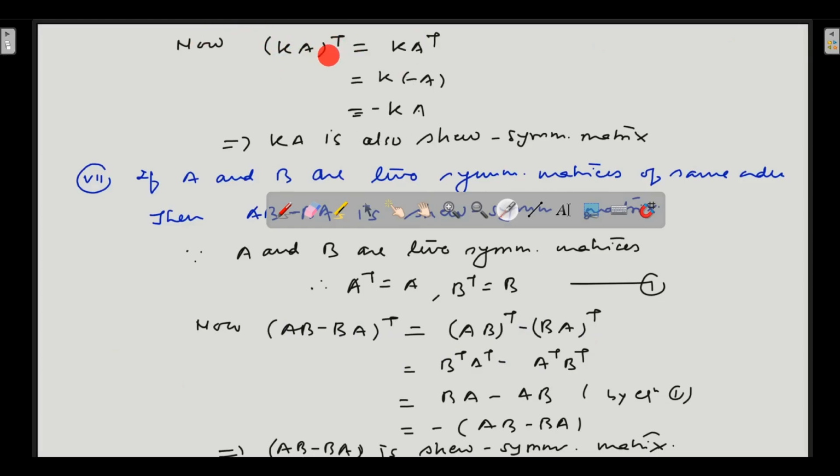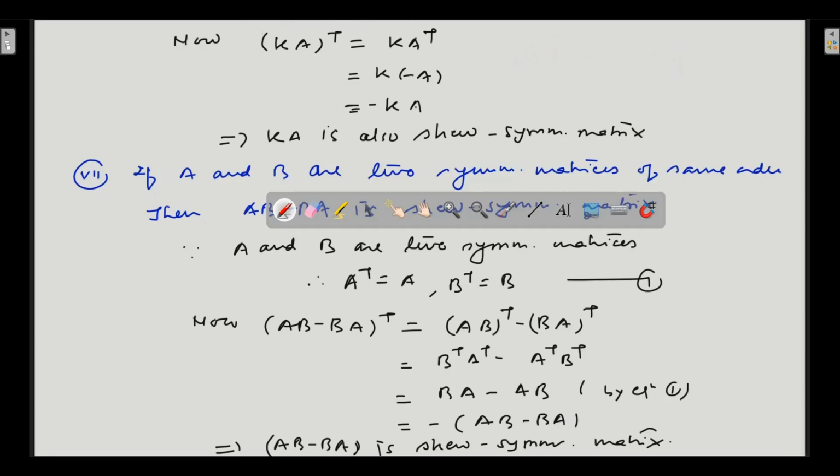Now, (kA) complete transpose is equal to k times A transpose. This is from the property which we had learned in the previous lectures, that (kA) transpose is equal to k times A transpose.